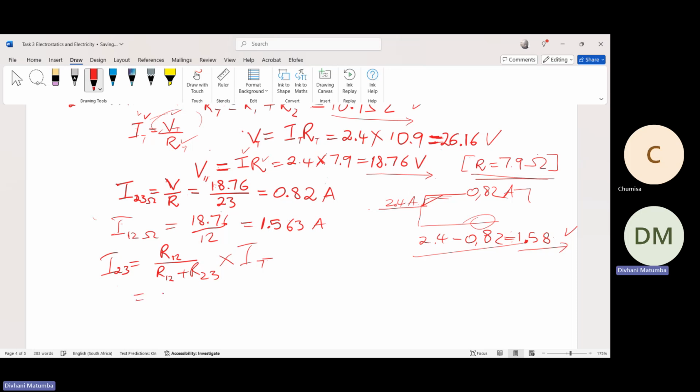So I at 23 will be 12 divided by 23 plus 12, multiplied by 2.4. Let's see what we're going to get.